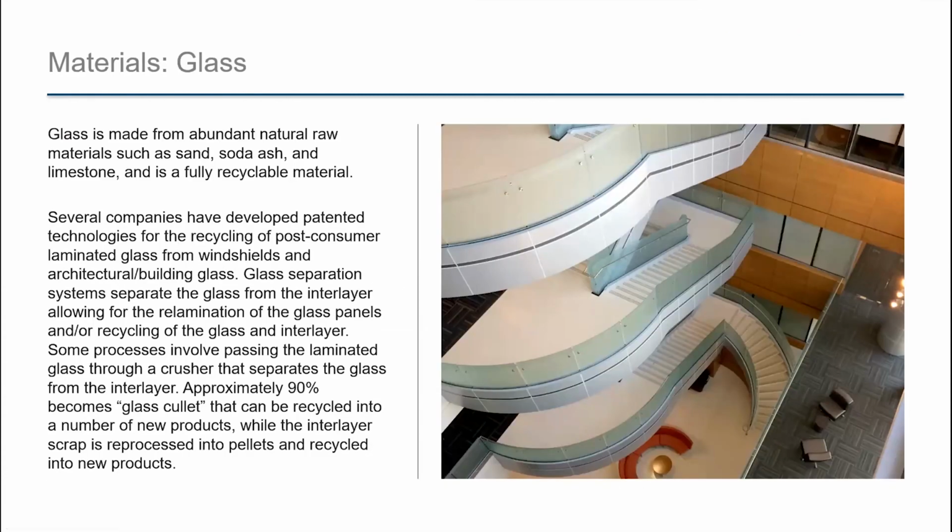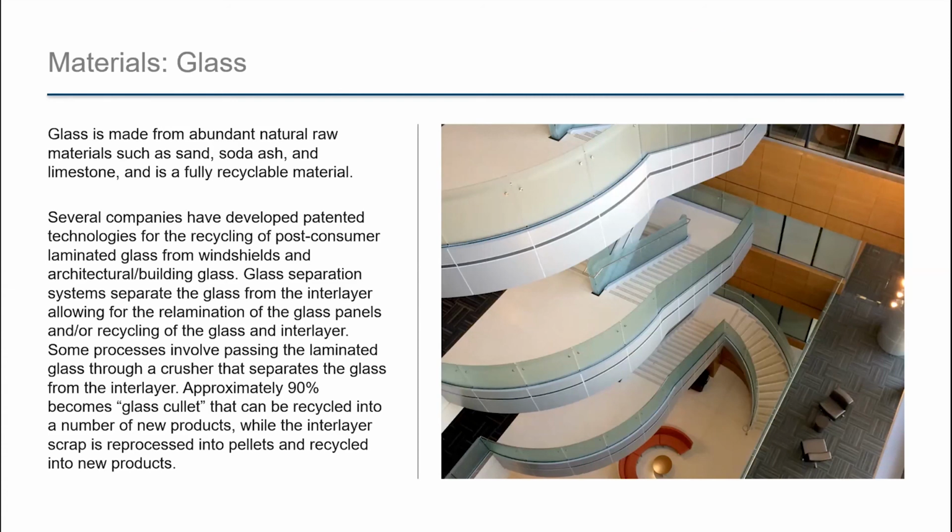As we wrap up this presentation, I would like to end our discussion with a review of the 3 types of materials typically specified for guard railing systems and their contribution as a sustainable building materials choice by designers and architects: glass, aluminum, and steel. Glass is made from abundant natural raw materials such as sand, soda ash, and limestone, and is fully recyclable material.